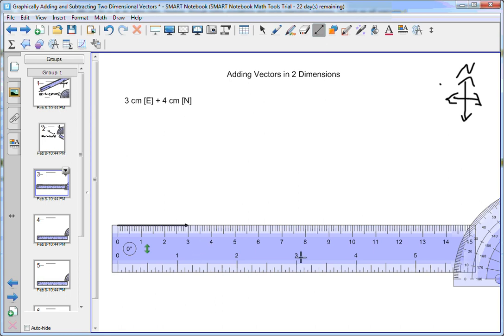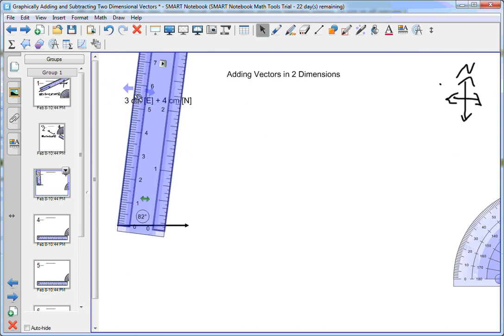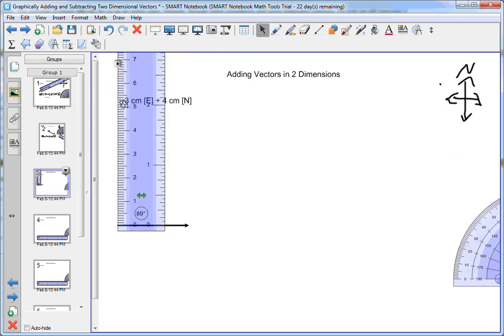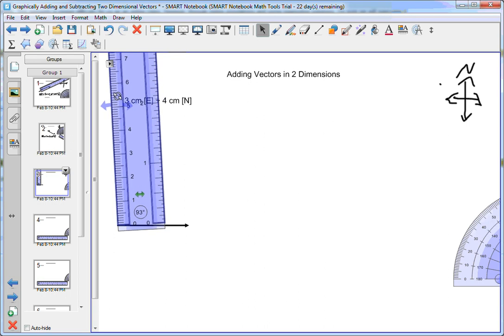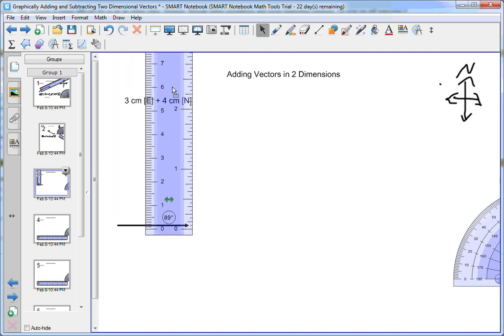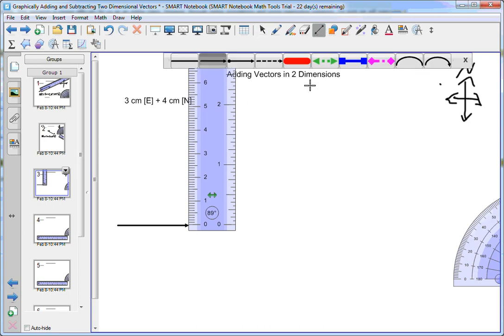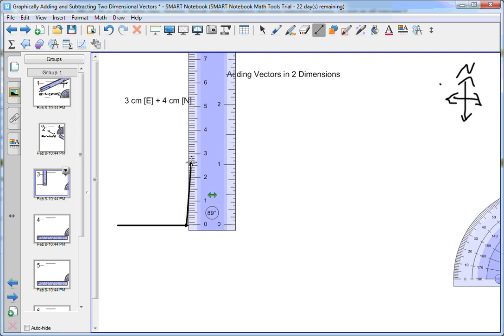And then we draw from the end of that one straight in the north direction. I can't quite get that straight, but close. So straight in the north direction, 4 centimeters.